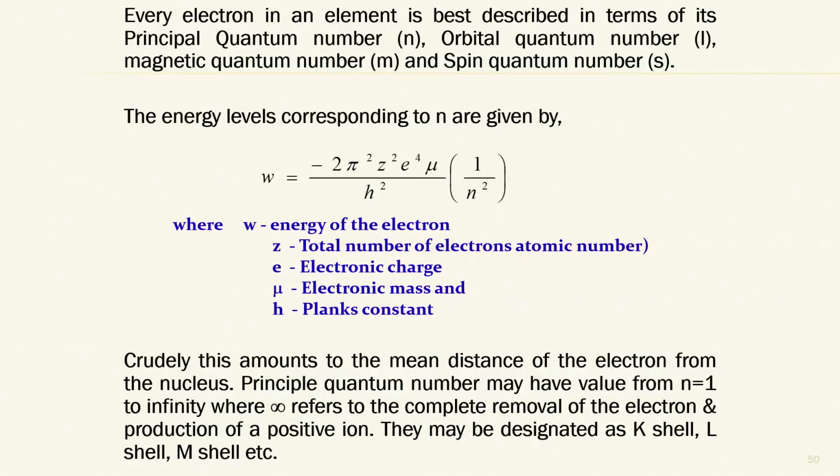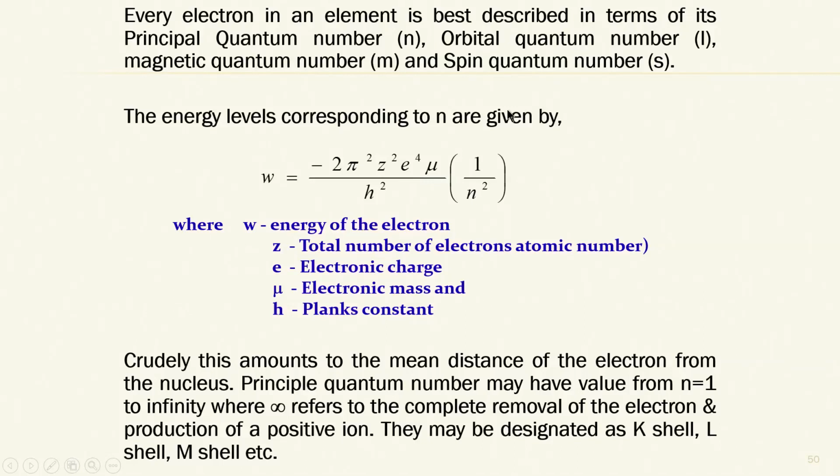Every electron in an element can be described in terms of its quantum numbers. One is the principal quantum number n, another is the orbital quantum number L, third is the magnetic quantum number m, and fourth is the spin quantum number s.